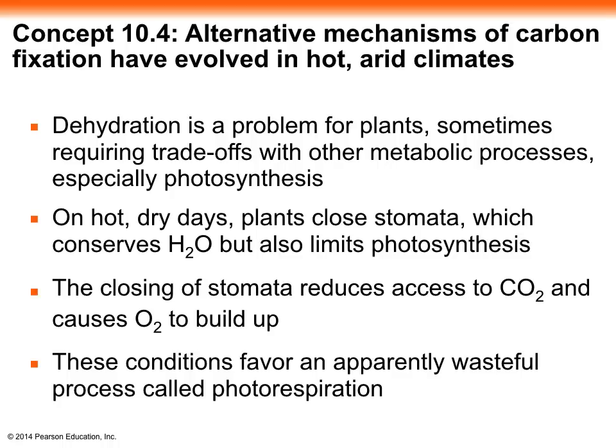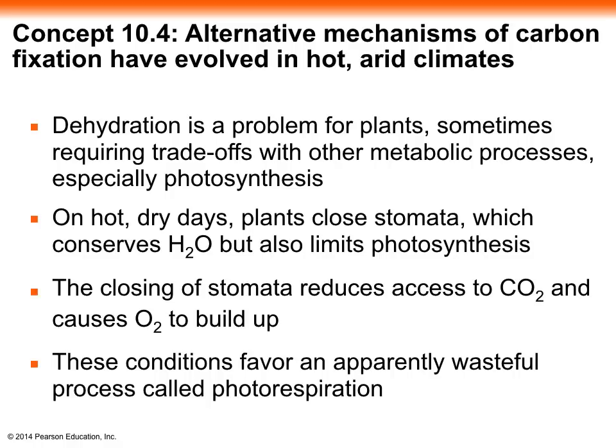On hot, dry days, plants close their pores, their stomata, which conserves water but also limits photosynthesis because you can't get CO2 in and you can't get rid of O2, which is toxic to the plant, if those pores are closed.